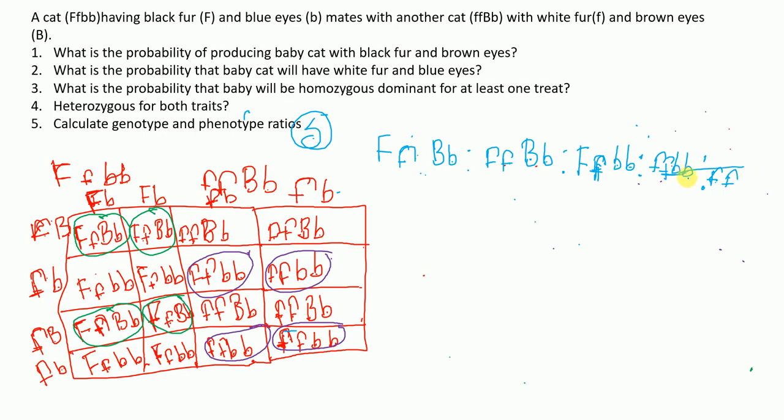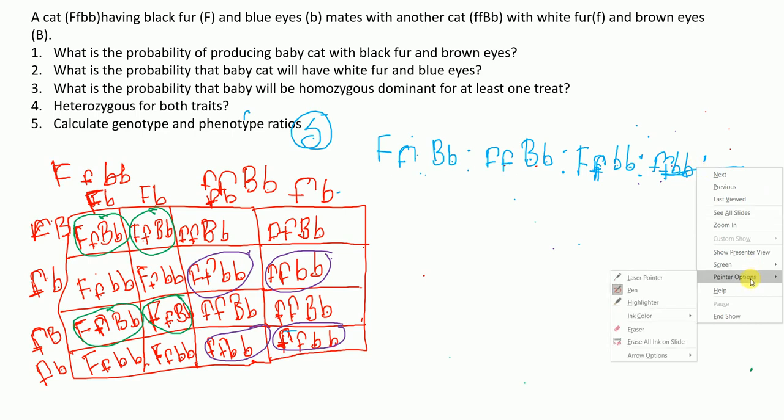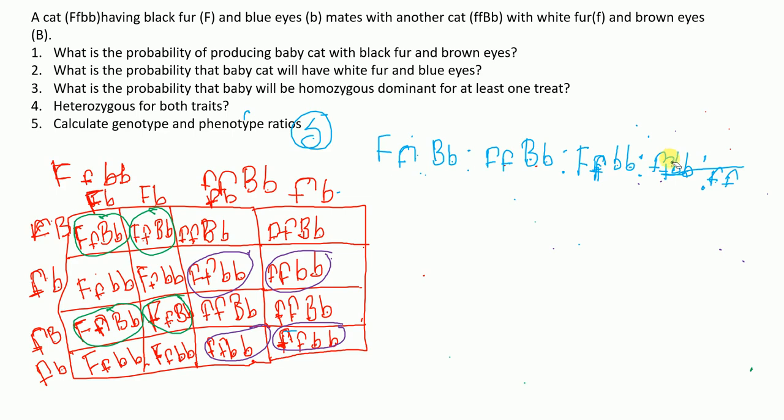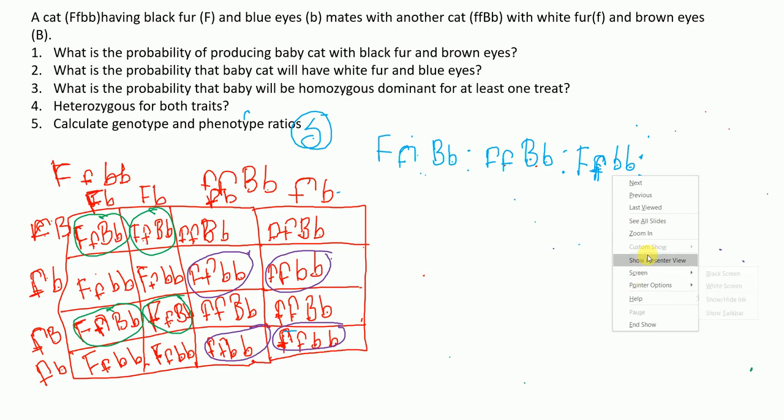This is already there. Okay, I don't need it actually, so I'll just erase it and write it down again. So this will be small f, small b, small b.